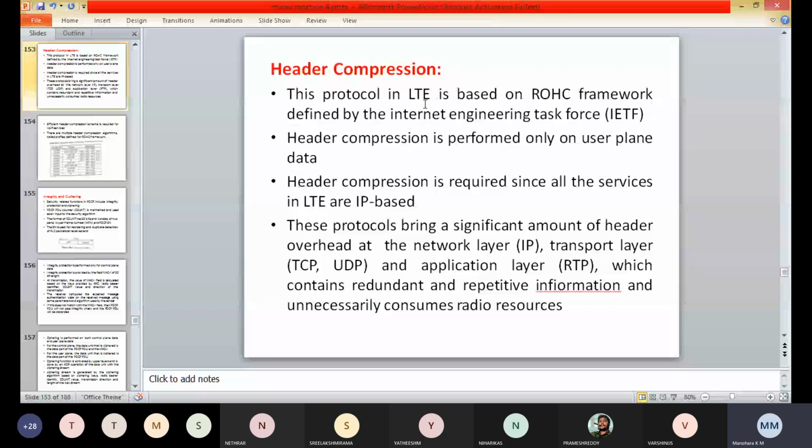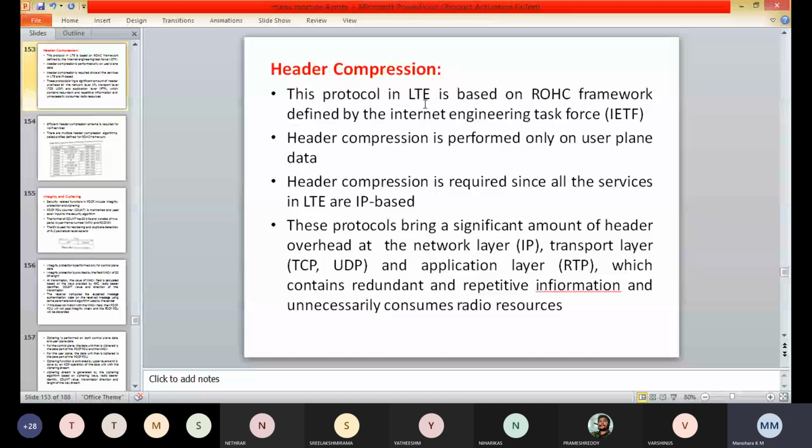The IP framework provides cost-effective mechanisms for delivery of higher bandwidth data. But these protocols bring header overhead at the network layer, transport layer, and the application layer.